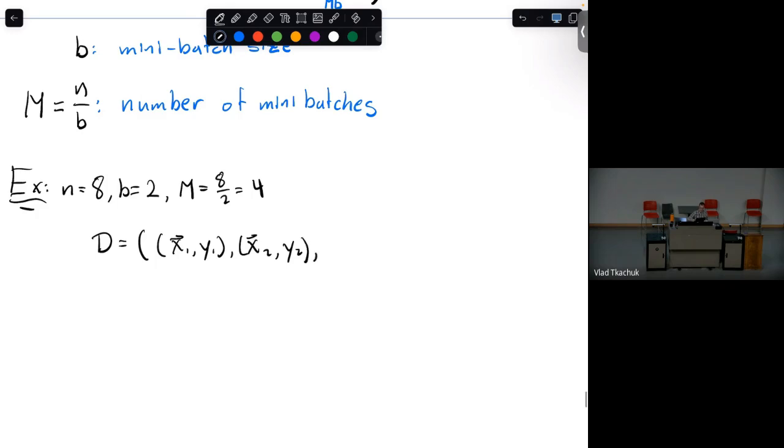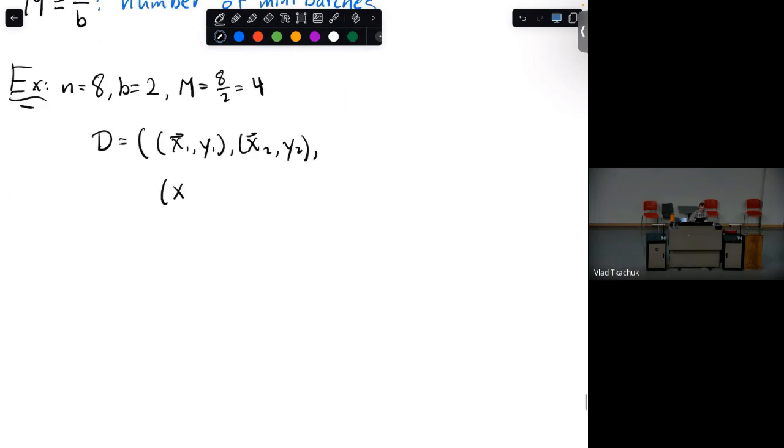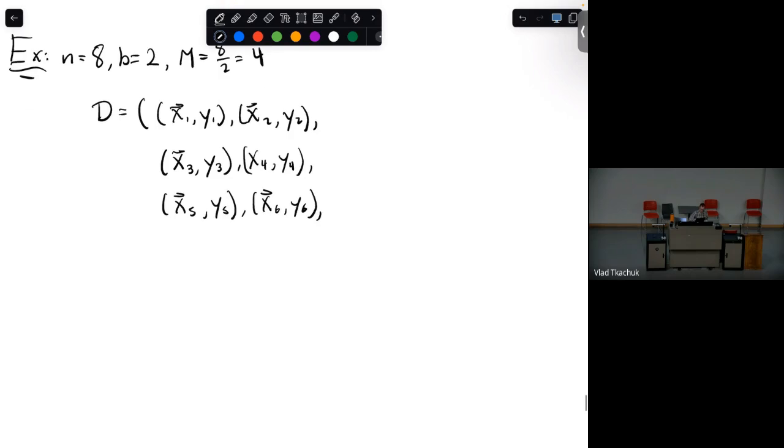This is really just rewriting the above, but with actual numbers. This is x3, y3, x4, y4, and you have x5, y5. Okay, we're almost there. And then the last one, which is x7, y7, and x8, y8.